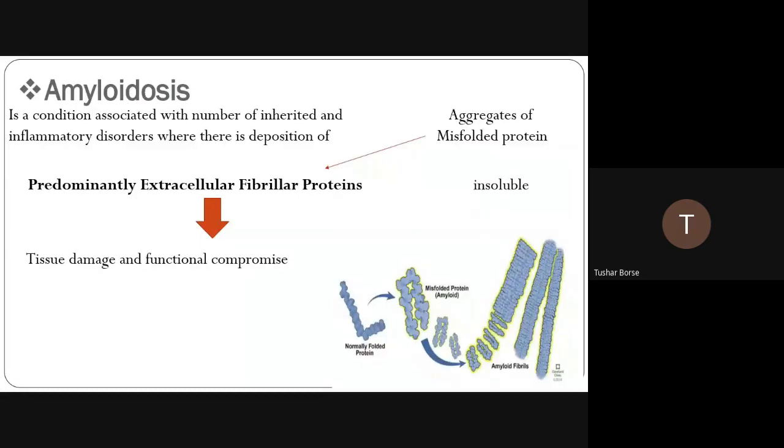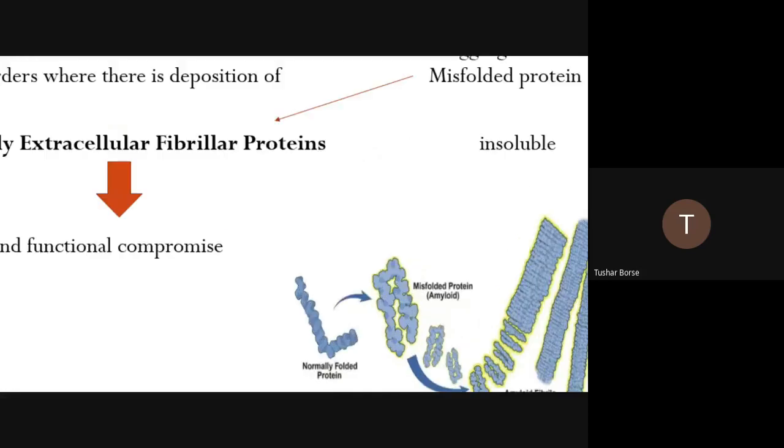So, what is amyloidosis? If the protein misfolds and then aggregates, it forms amyloid fibrils. You can see in the image, this is a normally folded protein.